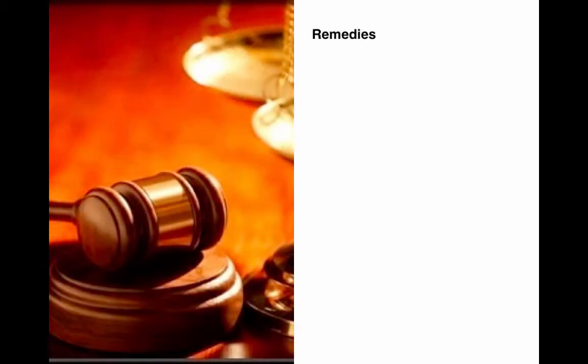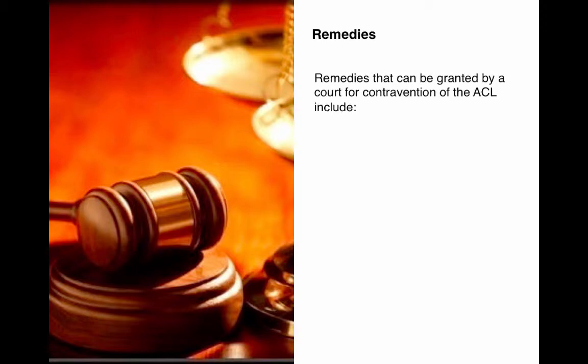The range of remedies that are available to a consumer and able to be granted by a court is much wider than the range of remedies available under contract law.